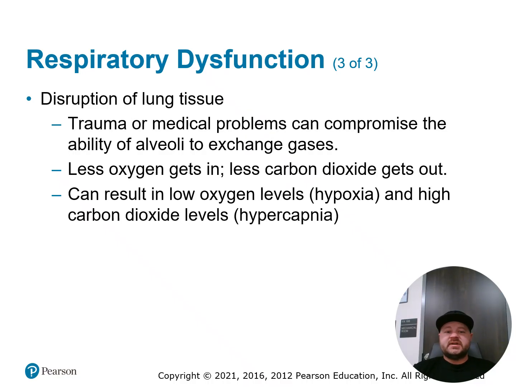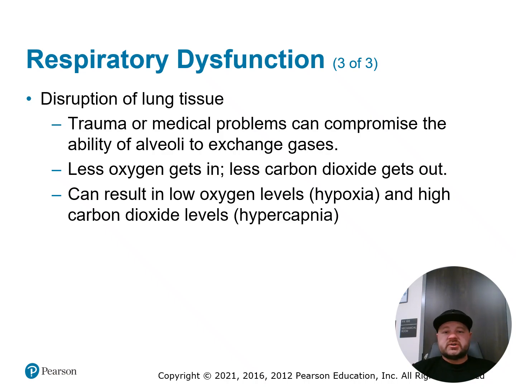So disruption of lung tissue, trauma, or other medical problems can compromise the ability of the alveoli to exchange gas. Something like congestive heart failure, they could have fluid in the alveolar sacs. If fluid is in that space where air is supposed to be, then air can't get through. The oxygen can't get into the blood. CO2 can't get removed.